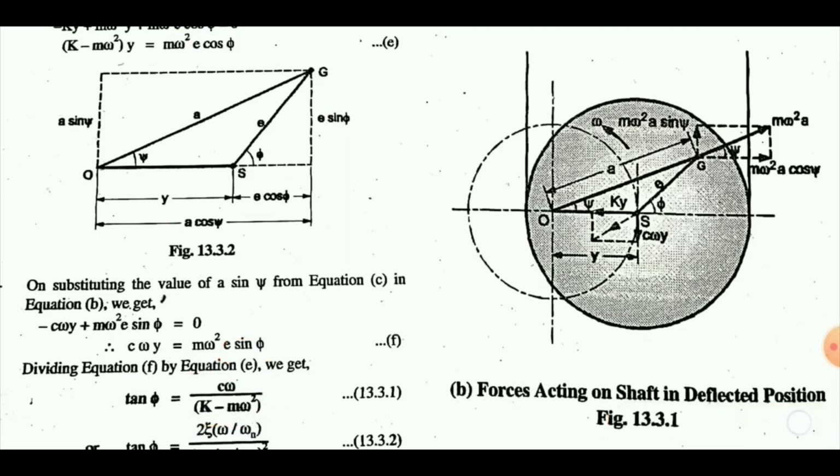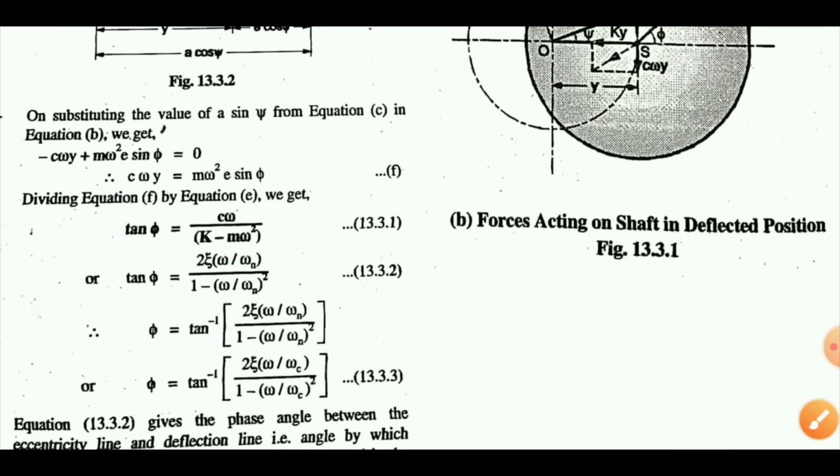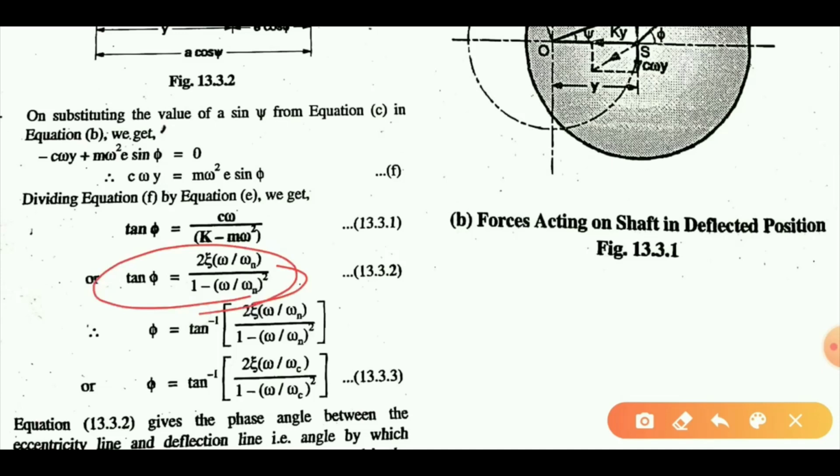As we know, c omega by k minus m omega square, if we divide by k, we get 2 zeta omega by omega n upon 1 minus omega upon omega n whole square. So we can find the angle phi.